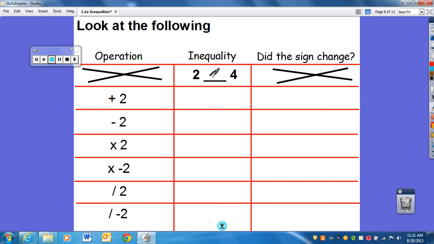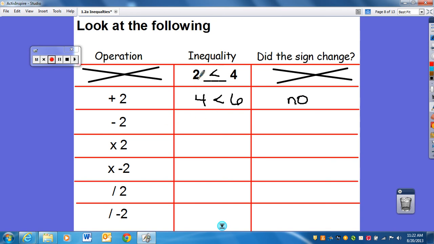Well, we know that 2 is less than 4. What would happen if I added 2 to both sides of my inequality? So I have a 4 and I have a 6. Let's compare 4 to 6. Well, 4 is less than 6. Did my inequality symbol change when I added the same quantity to both sides? No.